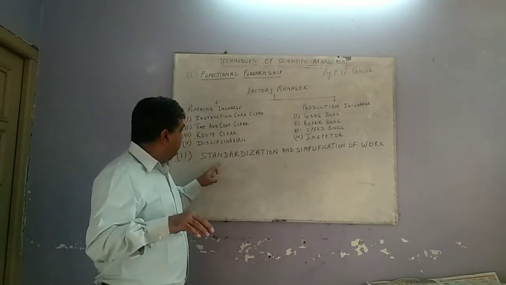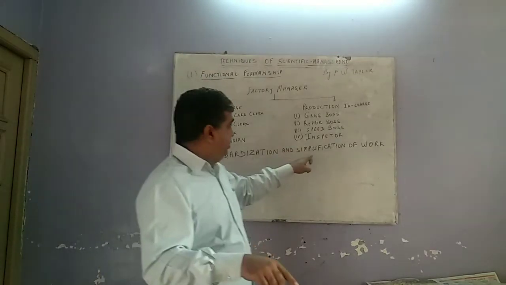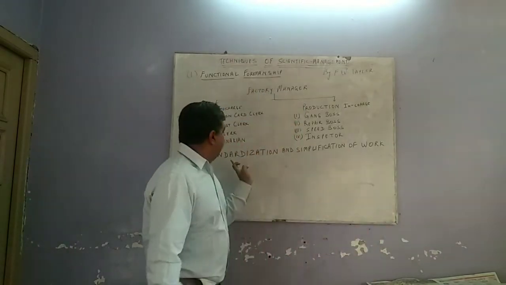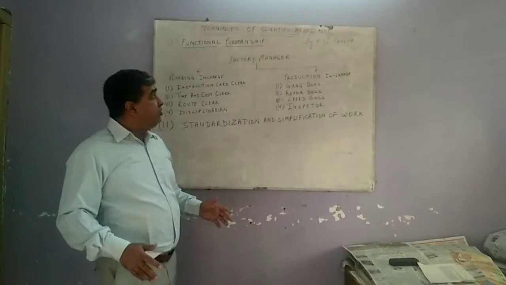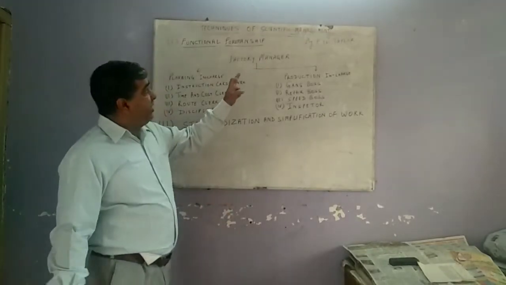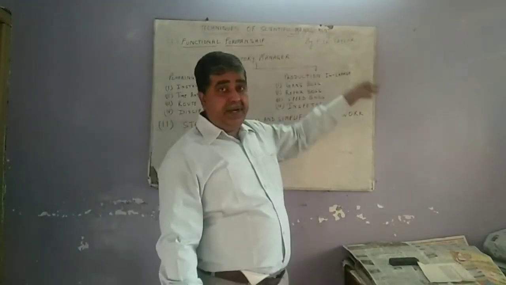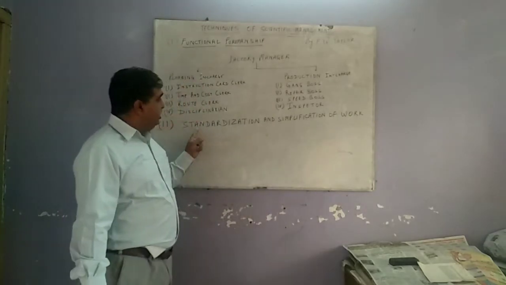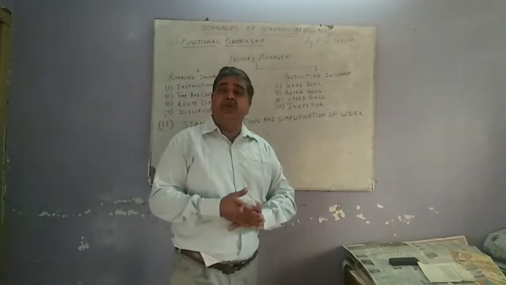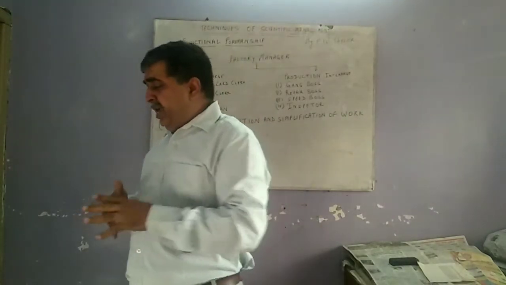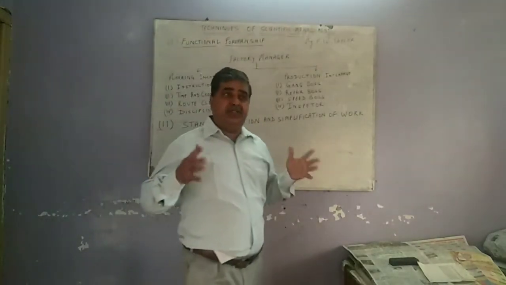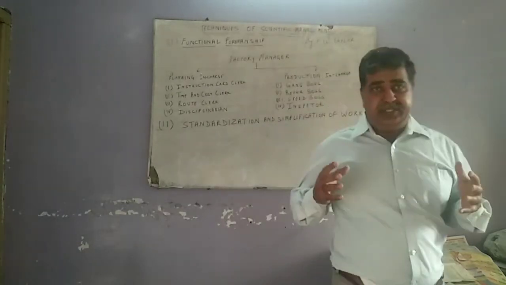The second technique is standardization and simplification of work. So our second technique of scientific management given by F.W. Taylor is standardization and simplification of work. Dear students, standardization means we have to determine the standards of our production process.